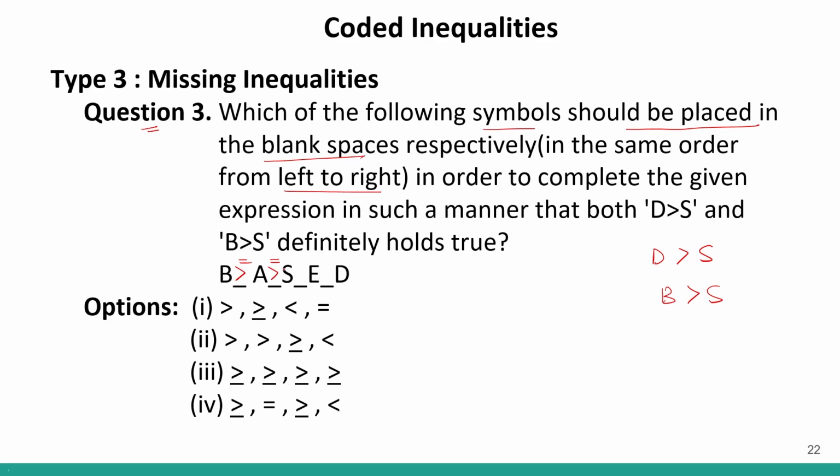Anything in this direction. So if I look at option number 1, 2, 3, 4, the first 2 symbols are like this. Correct? So I cannot eliminate any option.